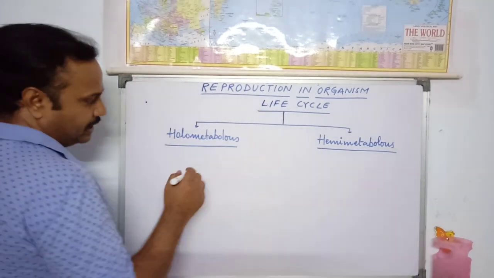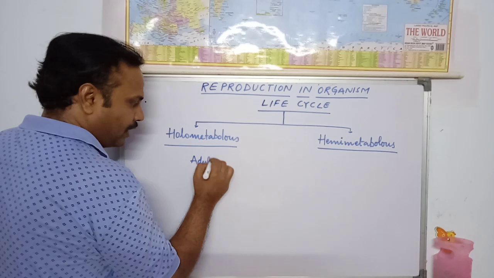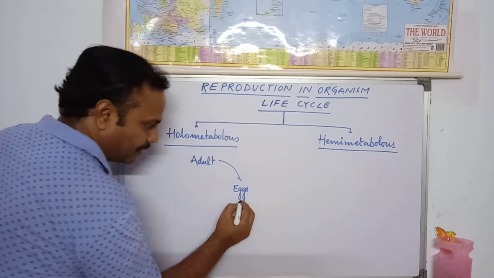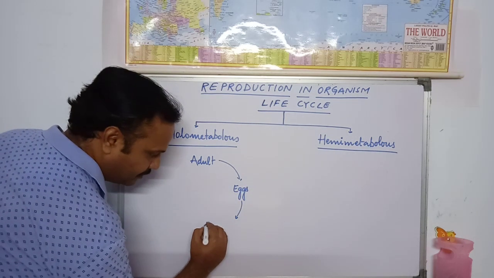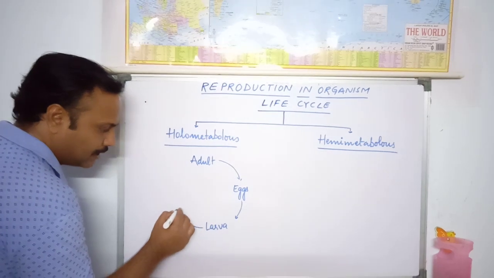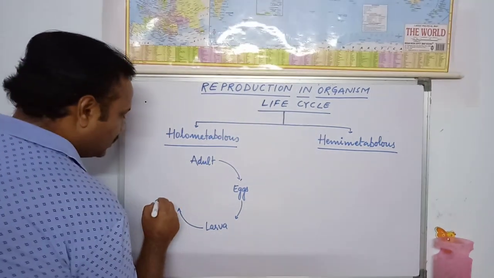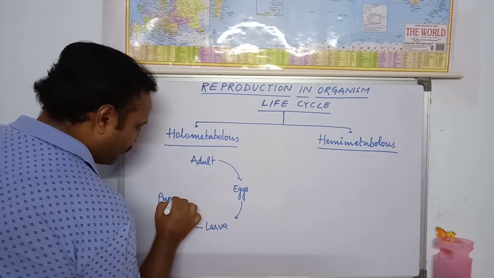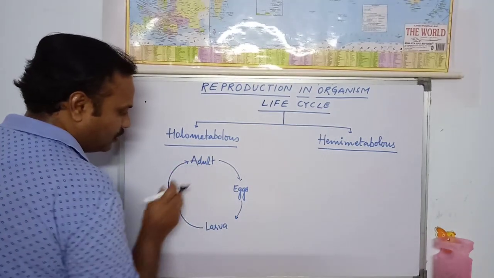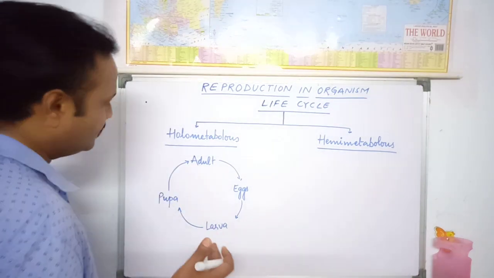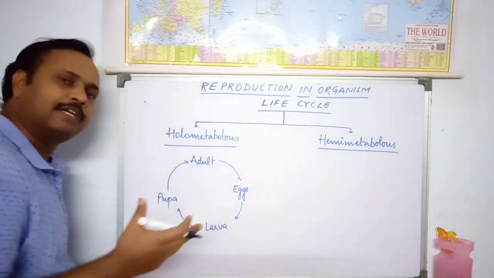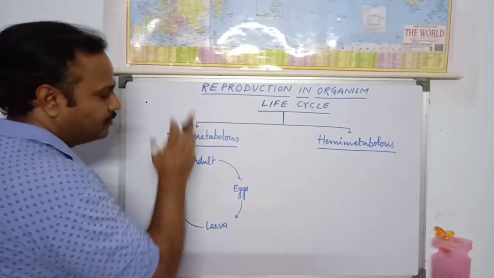In case of holometabolous type of life cycle, the adult gives egg, the egg will hatch out and larva will appear, and at a certain stage the larva stops feeding and develops a protective covering and transforms into another stage called pupa, and after some time that pupa cuts and removes that protective covering and the adult will appear.